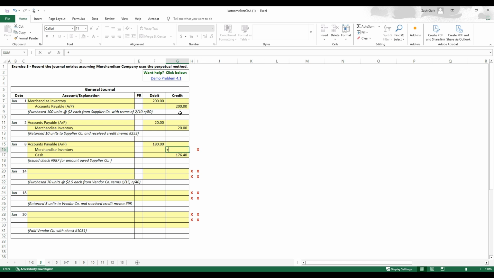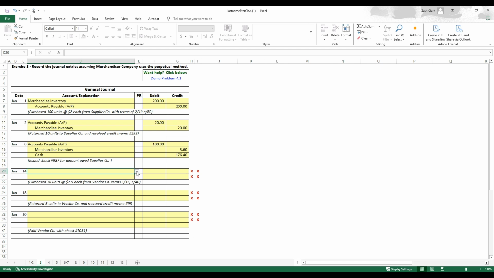Interesting. Maybe it's a decimal place kind of thing, but that's basically the same number as doing 2% there. Sometimes you have to play around with it a little bit to make sure you're getting the right number. There are different ways to arrive at the difference in the number there. This is 2% of the total amount that we owed being reduced for a discount, and then the cash is the residual portion that's actually paid.